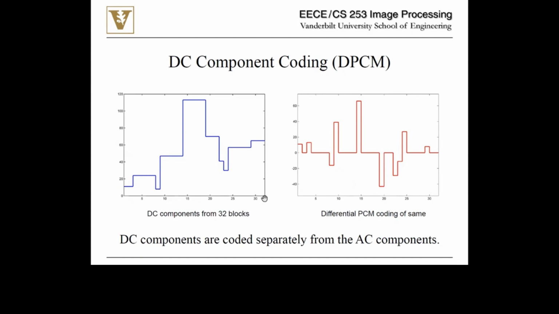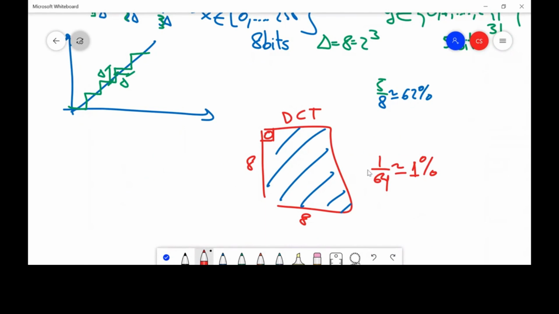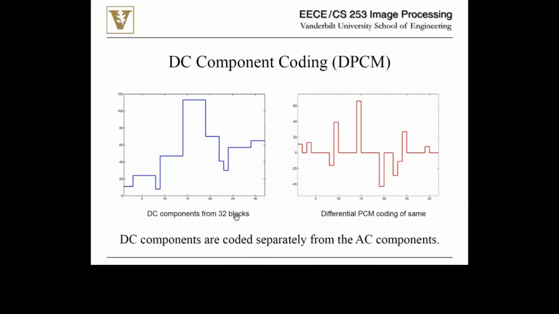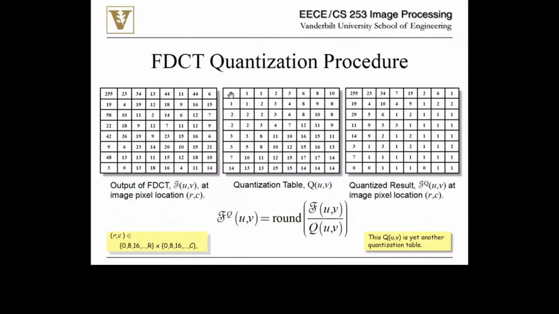So here we have blocks, and here we have the 0 DCT component of the DCT transform. How many bits do I need to represent it? The quantization delta is 1, so how many bits do you need for the DC component? 8 bits.